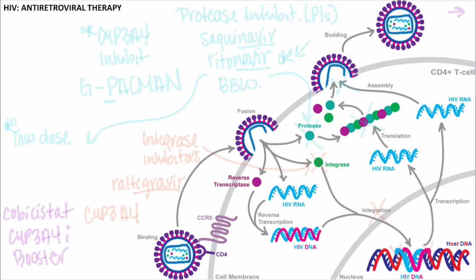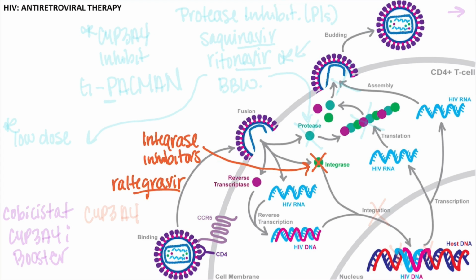The next group of agents we will discuss will be our integrase inhibitors. And one example agent is raltegravir. And these agents all end in this tegravir ending.